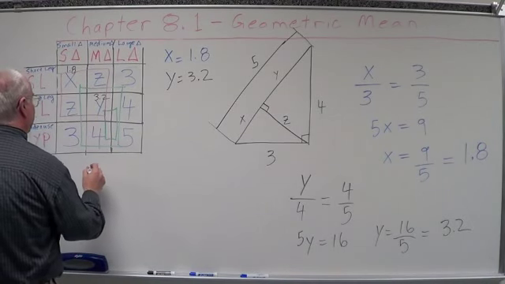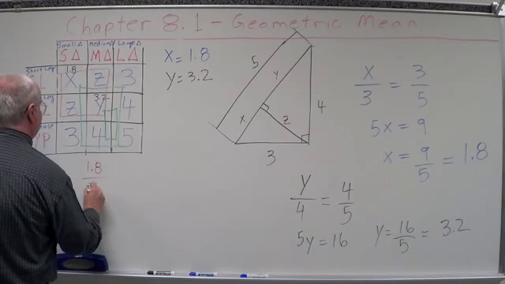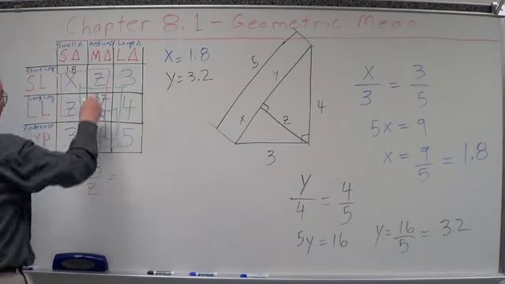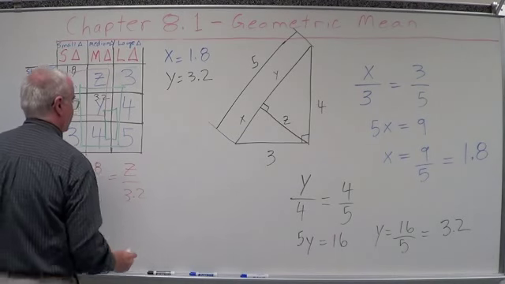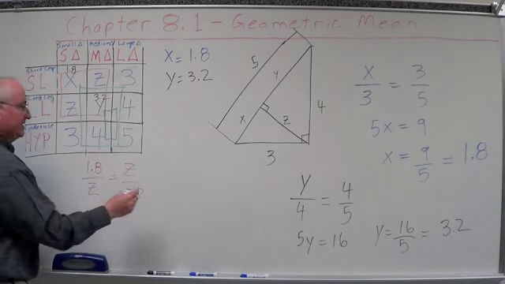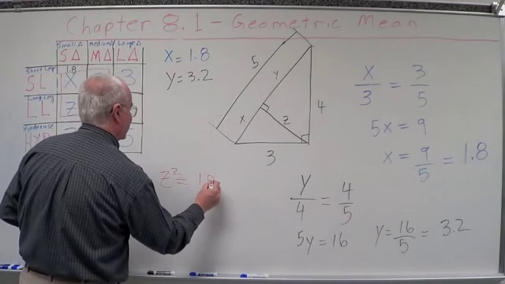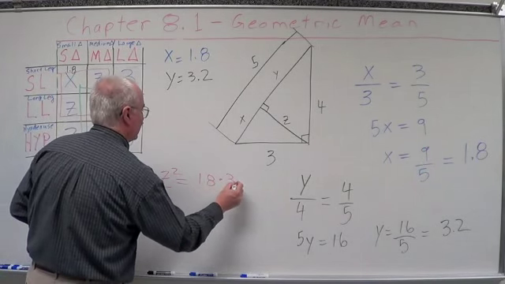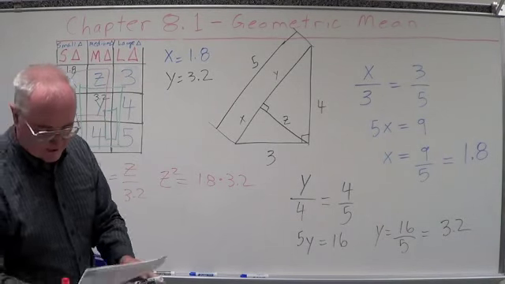All right, and what we've got is 1.8 is to z as z is to 3.2. Well, take our z's. Z squared equals 1.8 times 3.2.